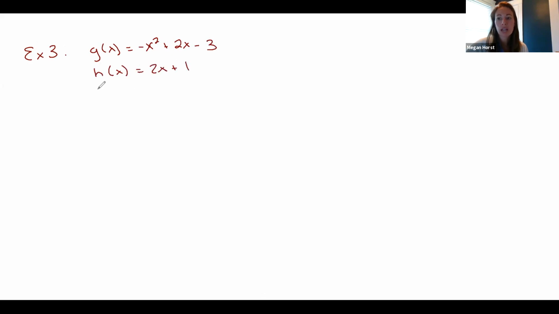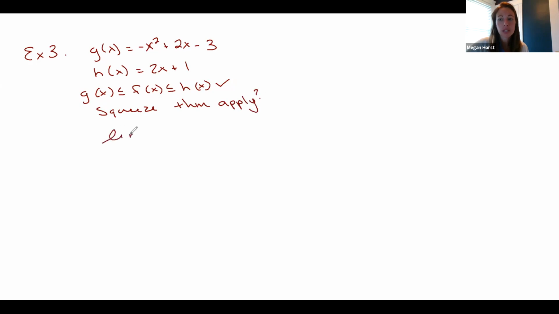We're told that the function does satisfy the fact that g of x is less than or equal to f of x is less than or equal to h of x. So we know that to be true, but we want to know if we can use the squeeze theorem. So does the squeeze theorem apply? And if it does apply, what is the limit as x goes to 2 of f of x?